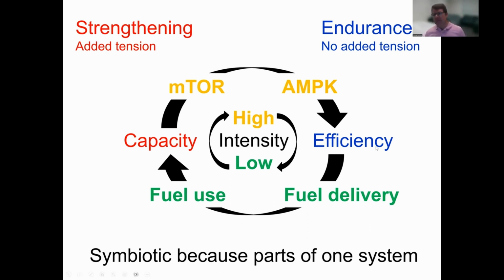And then on the cardiovascular side, the endurance side, at the higher intensity, we're burning ATP so fast that we activate adenosine monophosphate kinase, which triggers gene expression for fat burning. And as you ratchet down in intensity, we have different aspects of increasing the efficiency of fuel delivery. So we want efficient delivery, use, and capacity. That is our metabolic flow.